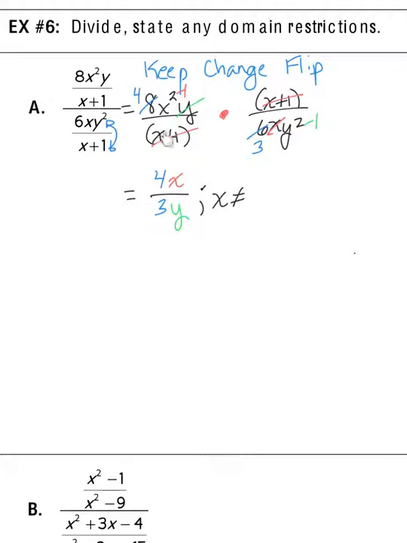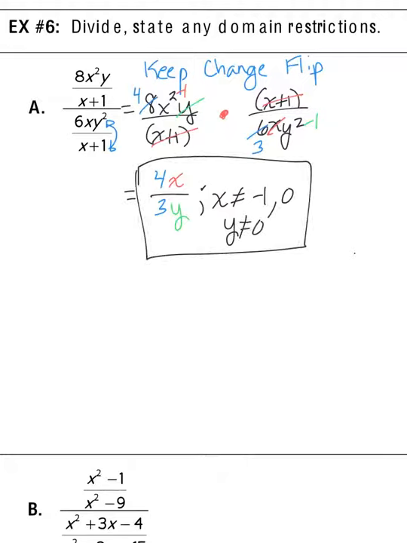So here x cannot be -1. But here this is a monomial, so remember any variable that's in a monomial cannot be 0. So x cannot equal -1 or 0, and then also y cannot equal 0. So there's all your restrictions and your simplified fraction.